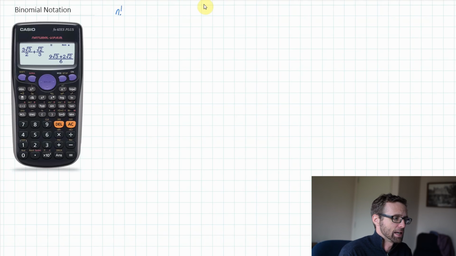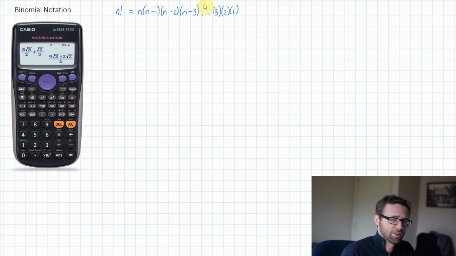It means n multiplied by n minus 1 multiplied by n minus 2 multiplied by n minus 3, etc., all the way down to times 3 times 2 times 1.